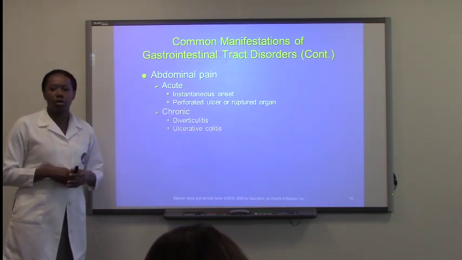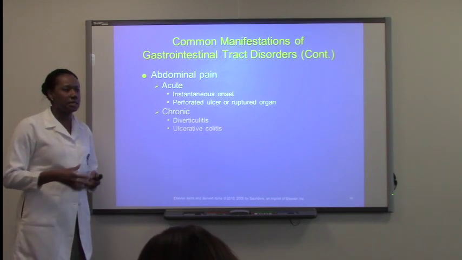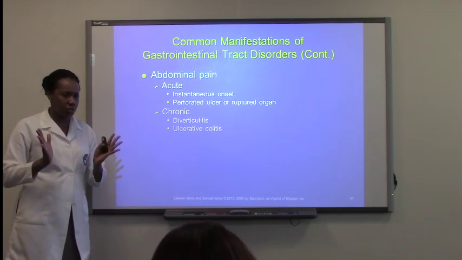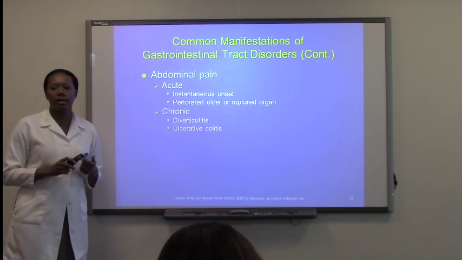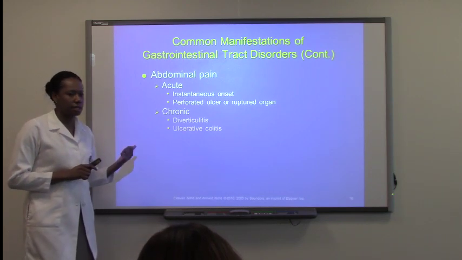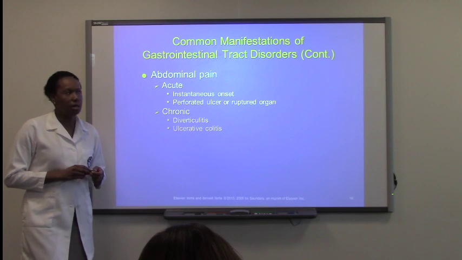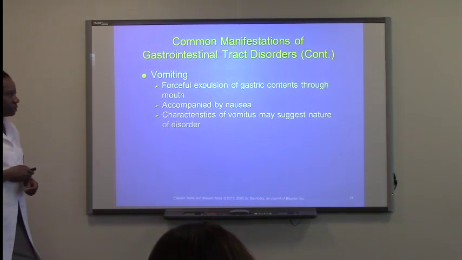Also, if we're talking about a ruptured organ, like I said to you before, if a person has an appendicitis and unfortunately the appendix will sort of burst. Chronic is when we talk about chronic GI disorders that happen from months to years, such as diverticulitis and ulcerative colitis. Okay, and we will go over those in a little bit.